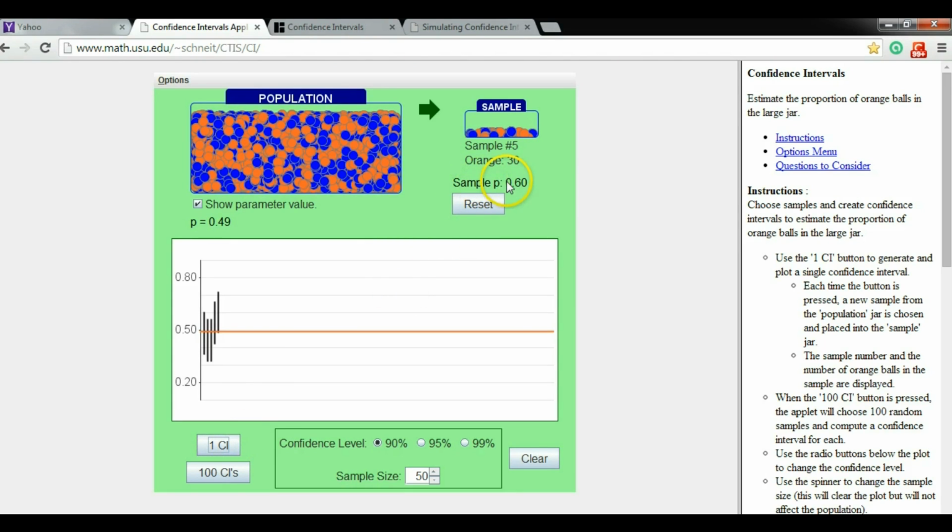Now notice the sample p-hat is 60%, but the actual p is 49%. So that's not a great approximation. That's 11% away. But again, what you're noticing is when we're doing samples, we're getting variation from sample to sample. But when we create our interval, it went down to maybe 48%, so our p-value is just barely in our interval.